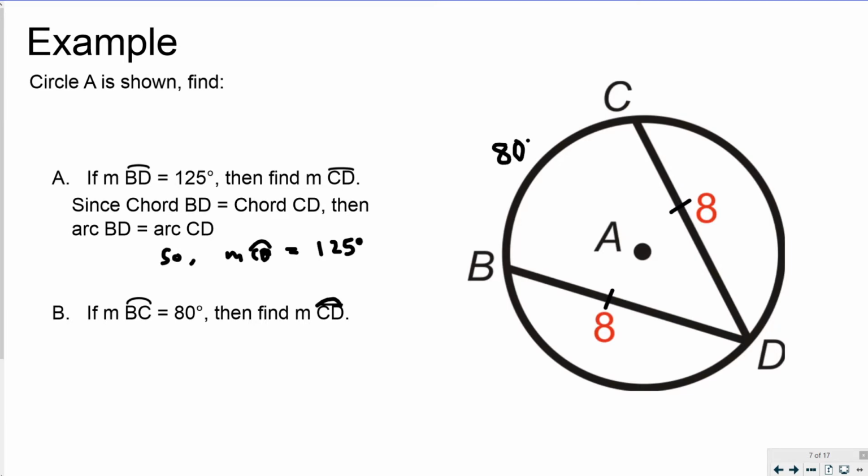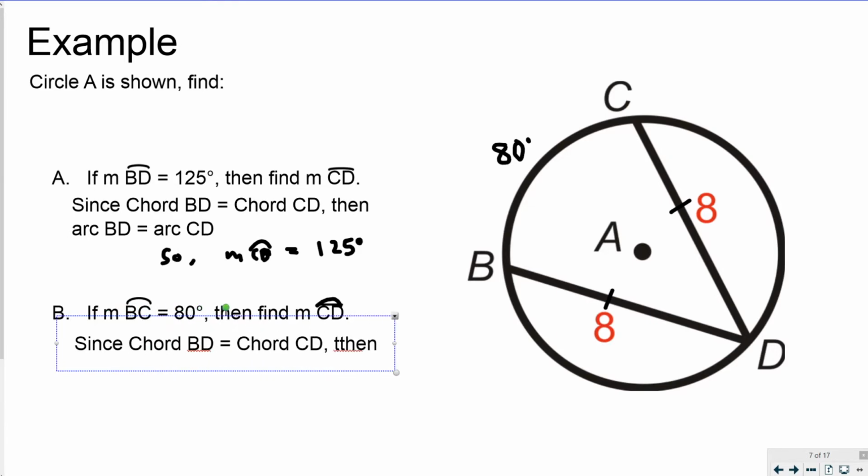My line got flattened, so I'm going to go back to text again. Since chord BD equals chord CD, then arc BD equals arc CD.